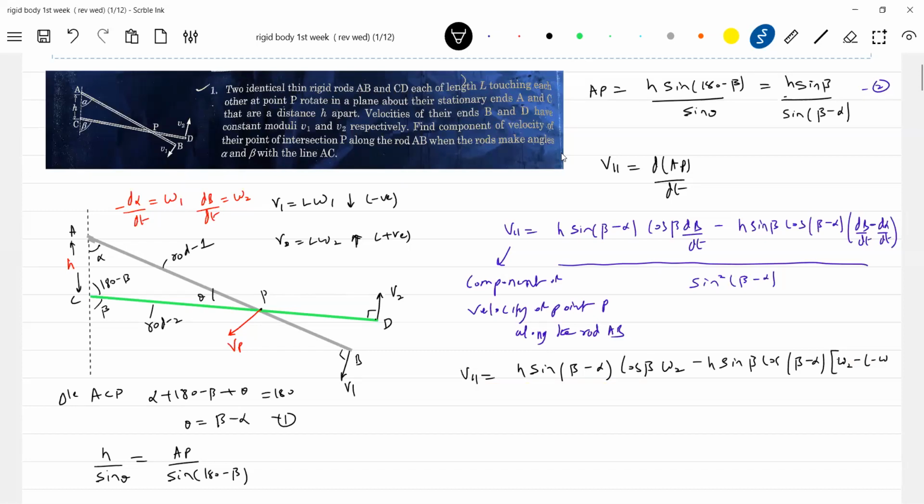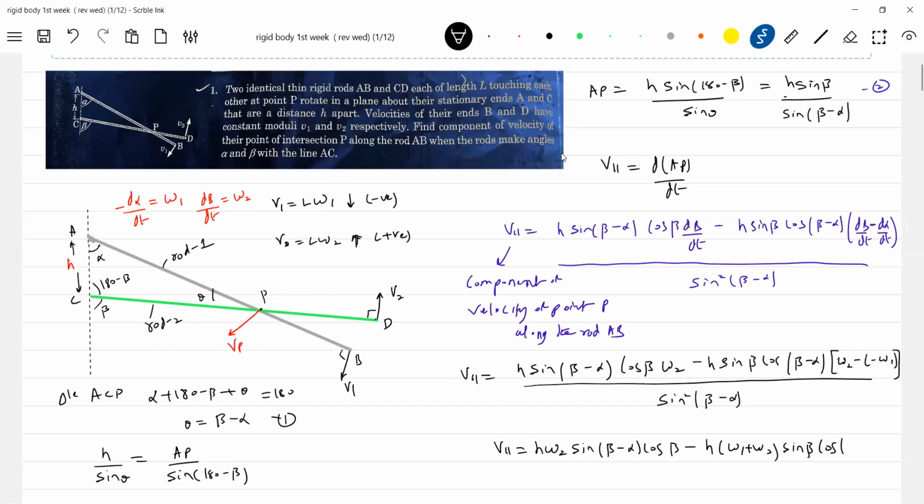This will be omega 2. This will be the answer.